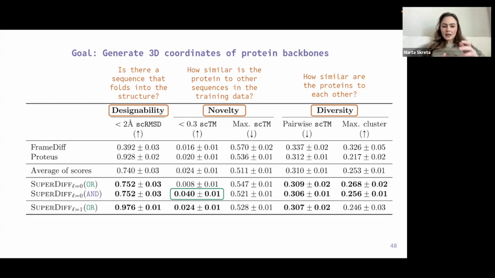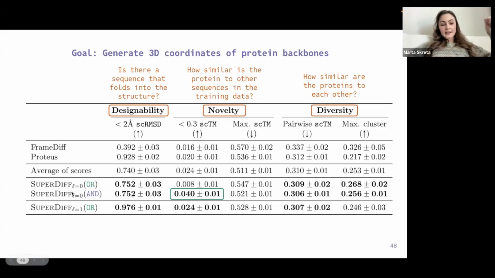And then this is what Hans was mentioning, why can't we just flip a coin? So we show that we know in general that Proteus generates proteins that are more designable. So we want to say, okay, we want Proteus, when it's sure, to take the lead and be responsible for generating that sample.